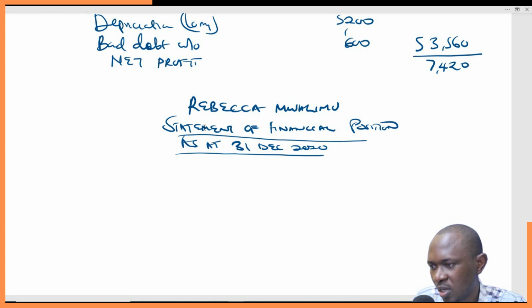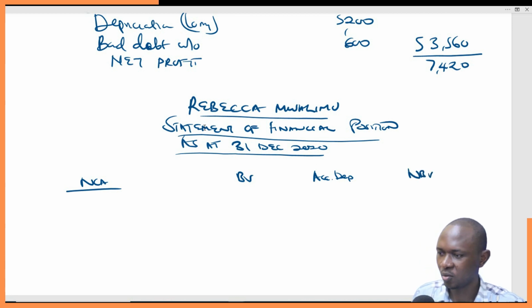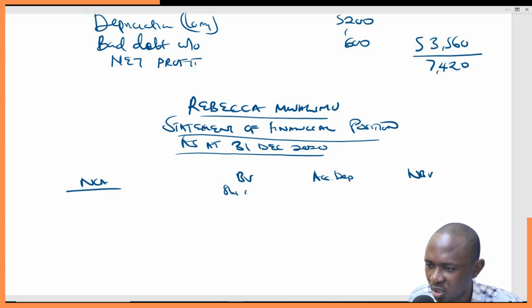Then of course we'll have the three columns and we'll start with the non-current assets. So we have the book value, the accumulated depreciation column, and the net book value column. All of them are in shillings and we are restricting the zeros.